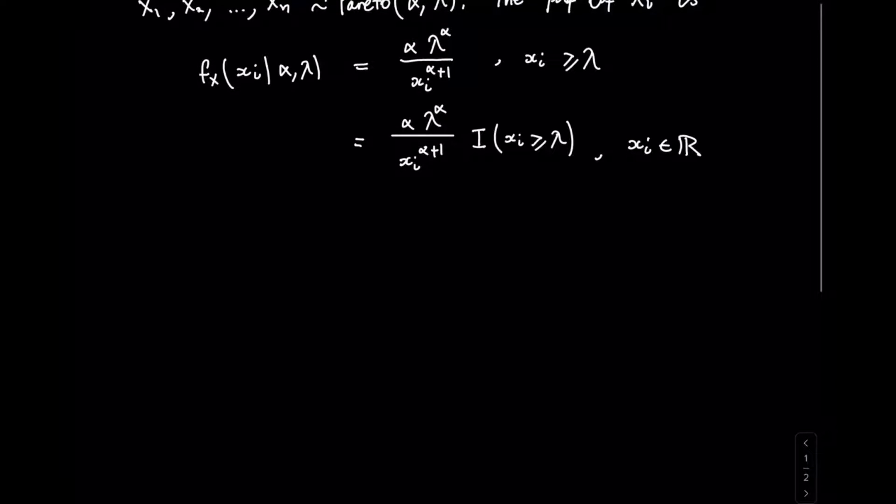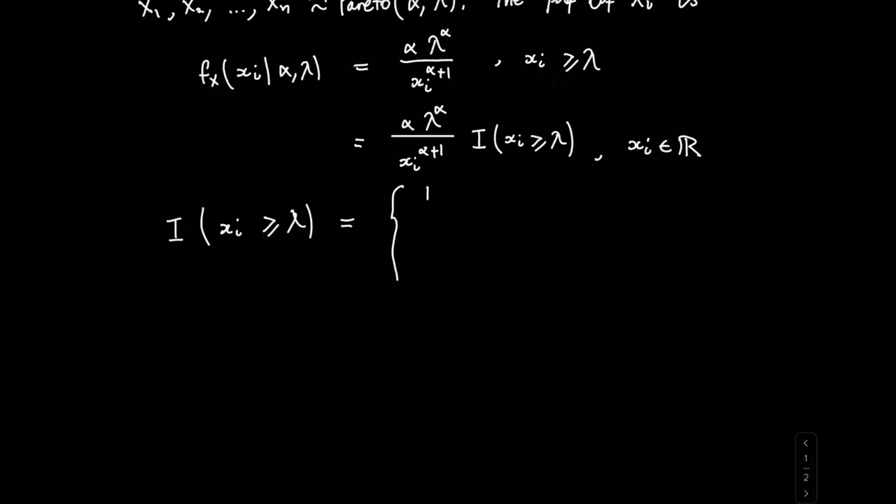Now, why have I written it in this form? Well, the indicator function, xi greater than or equal to lambda, takes really two values: 0 and 1. It takes the value 1 when the statement inside the indicator function is true, in this case when xi is greater than or equal to lambda.